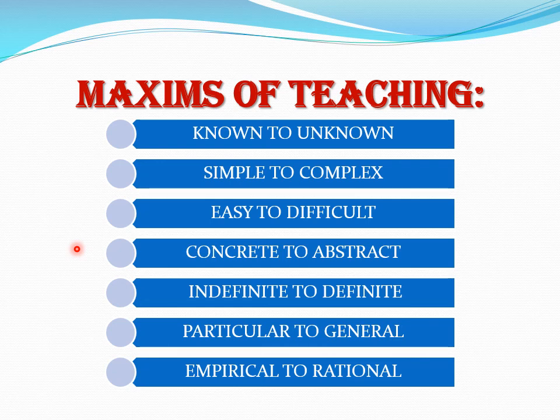Am I right? The fifth maxim to be followed to make the teaching effective is proceed from indefinite to definite. So ideas in the initial stages are indefinite, incoherent, and very vague. These ideas are to be made definite, clear, precise, and systematic.